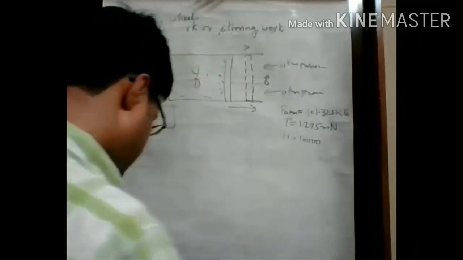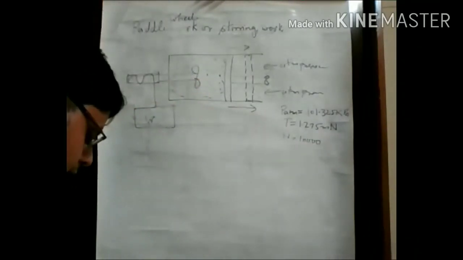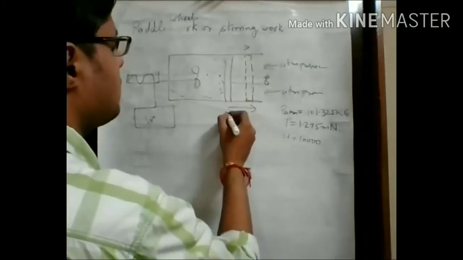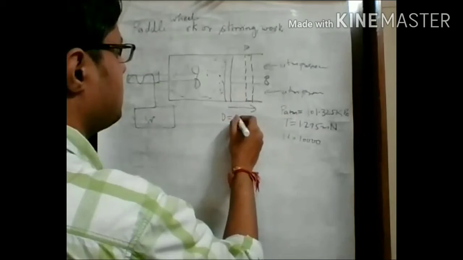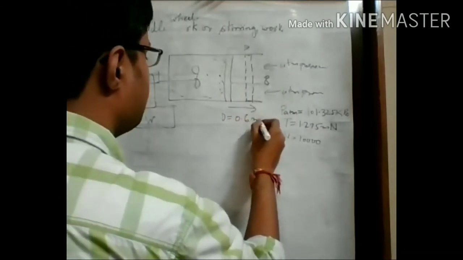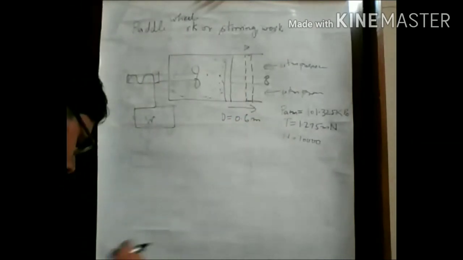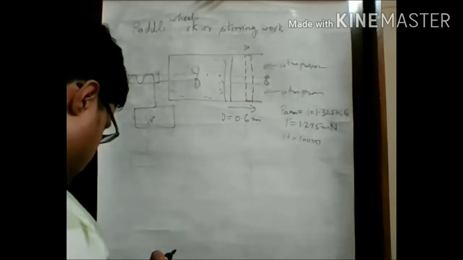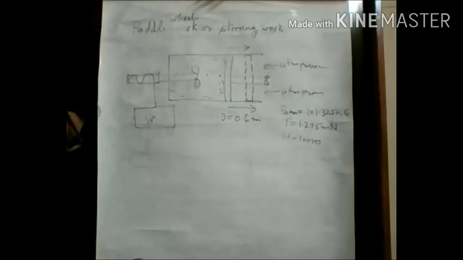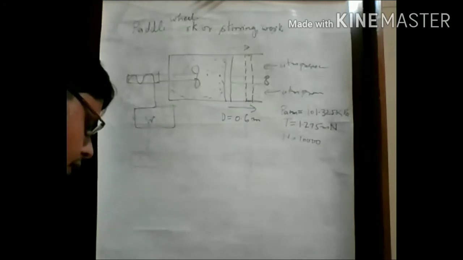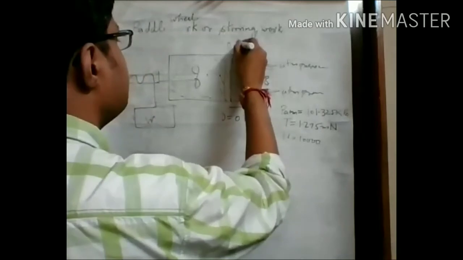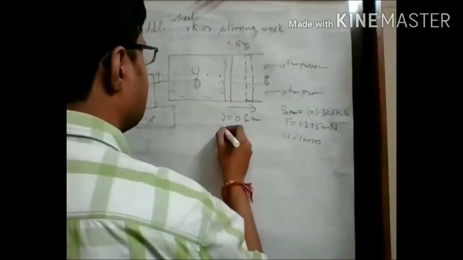Meanwhile, the piston of 0.6 meter diameter, this piston diameter is given as 0.6 meter, and moves out 0.8 meter. This is given that the piston moves out 0.8 meter.